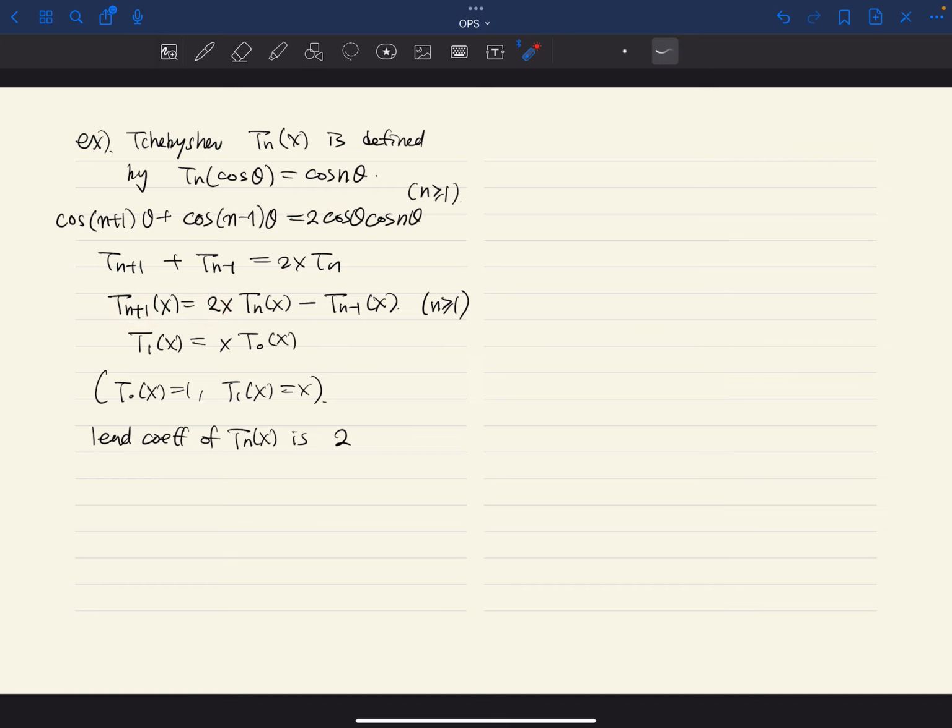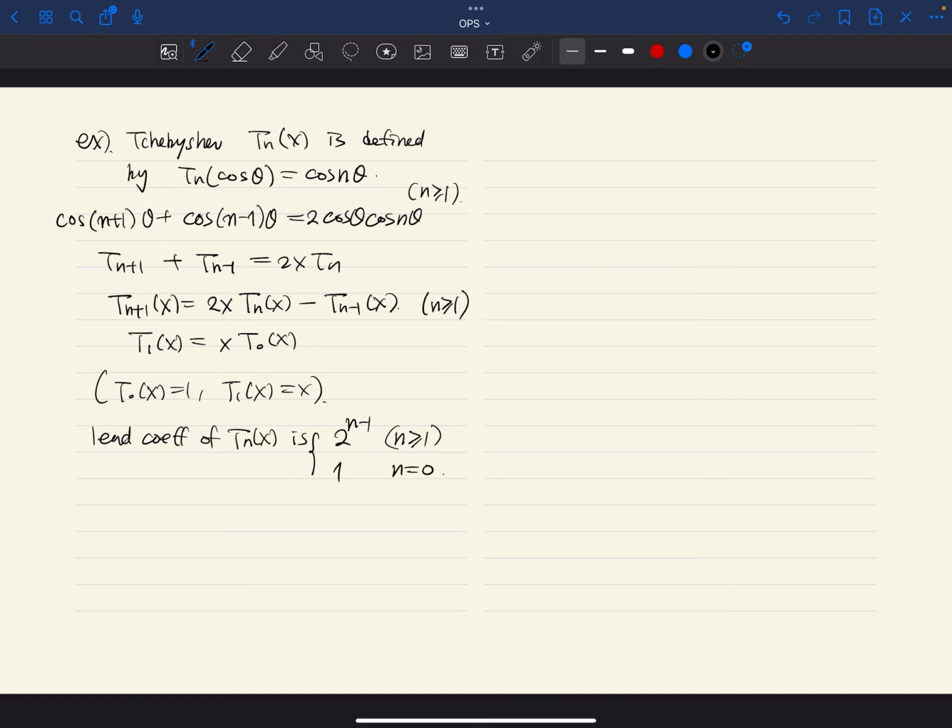So it's like 2 to the n, except this factor appears after 1, so it's going to be 2 to the n minus 1, for n greater than or equal to 1. And 1 if n equals 0.